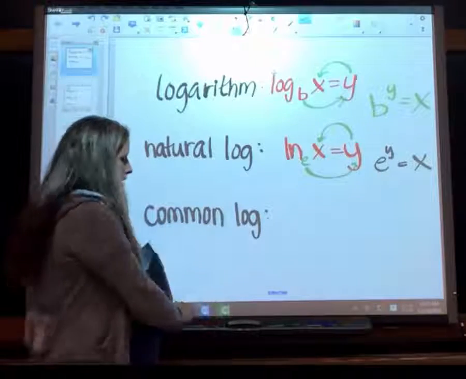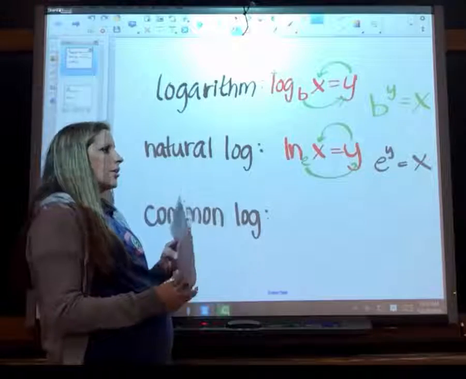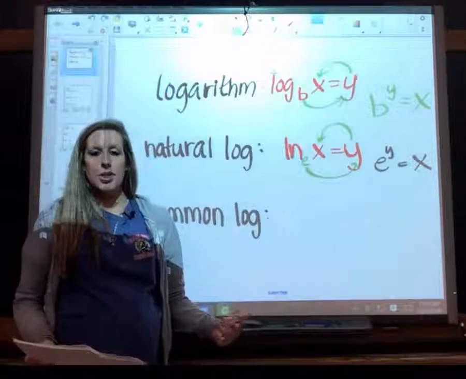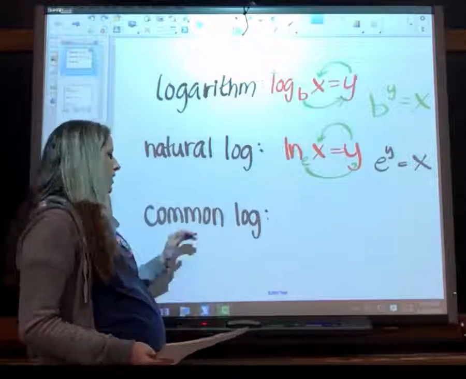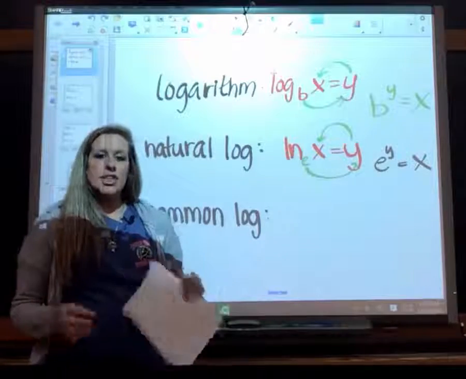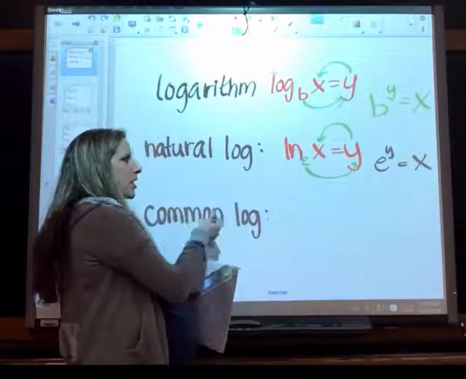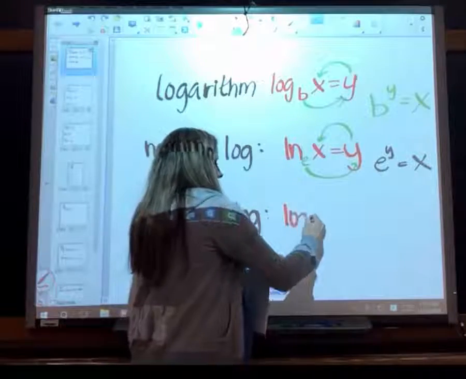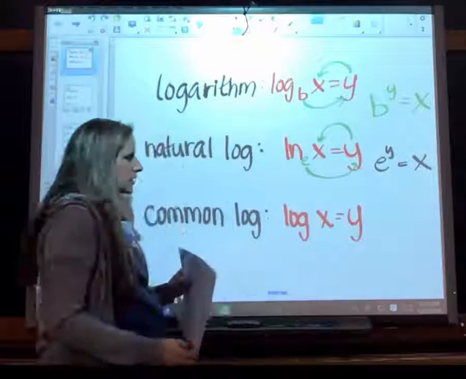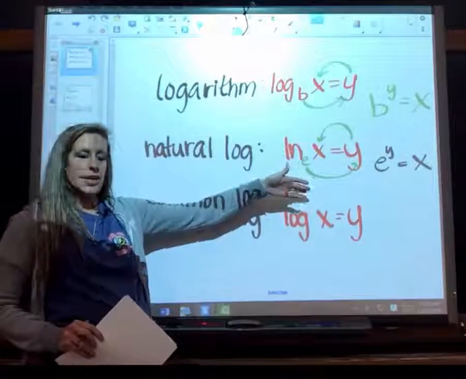All right, common logs. There's a log button on your calculator. Now, with your calculator, you can't just do any base you want with logs. It's very specific. It's only common logs. And I'll show you how to change it to a common log, but right now let's just figure out what a common log is. So if I have log of x equals y, it's like how natural logs have an understood base of e.